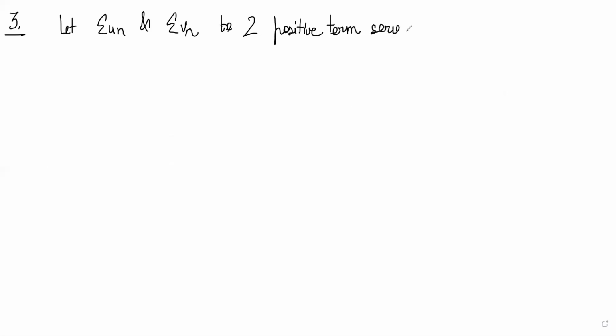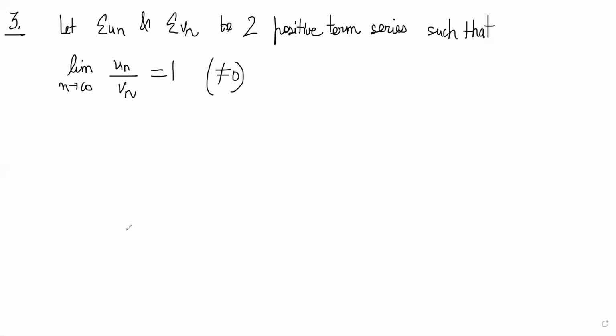The next one is this one. Let Un and Vn be two positive term series, such that the limit as n tends to infinity of Un by Vn is equal to L, which is not equal to 0.